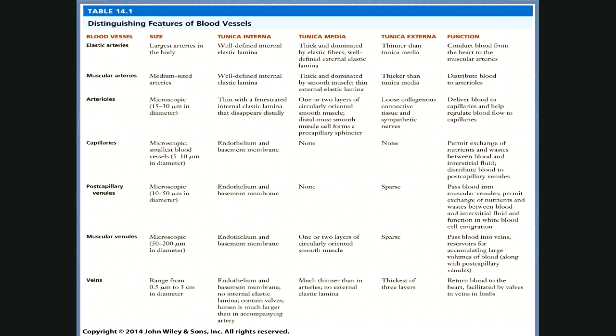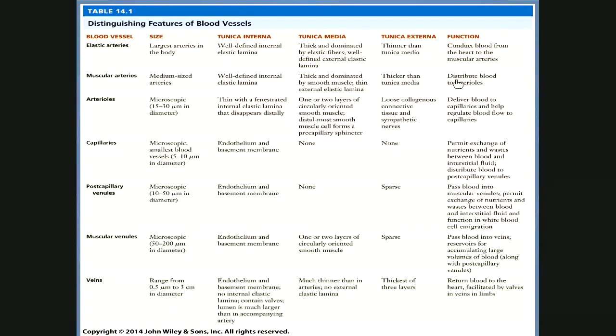So this is an overview of what we discussed today. Make sure you know the names of the different types of arteries and somewhat of the function of what they do. So elastic arteries are considered resistance vessels.